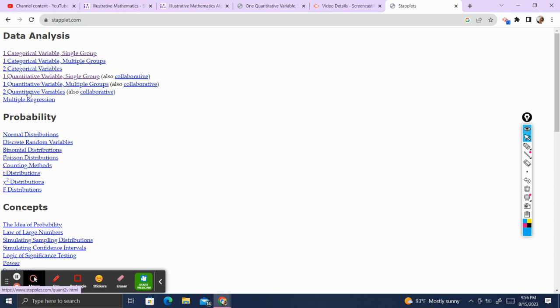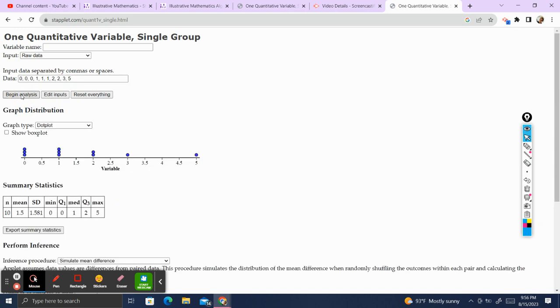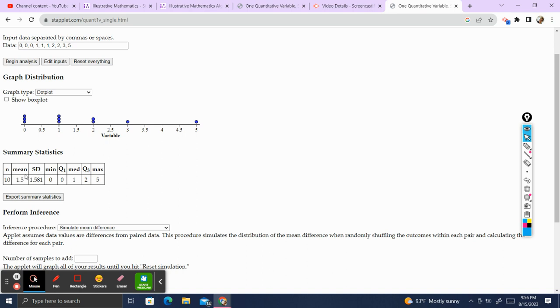We're going to identify what type of data we're using. In this case, because we're looking at numbers and only one set of numbers, it's one quantitative value. I input my data, I'm going to begin my analysis, and I see that my mean is equal to 1.5, and my standard deviation is equal to 1.581.